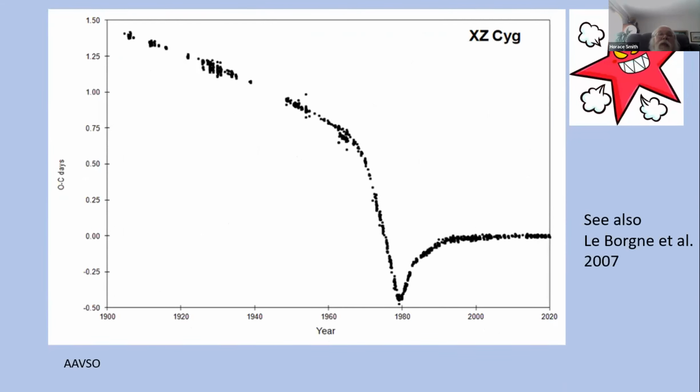Same for XC Cygni, another well-known Blasco star, although there are examples of this behavior in stars that do not have a strong Blasco effect. Here we have the O-C diagram from the 20th into the 21st century. Slow rate of period change. And then around the 1960s, a very strong drop in period, followed by an increase in period, and then a slow rate of period change again.